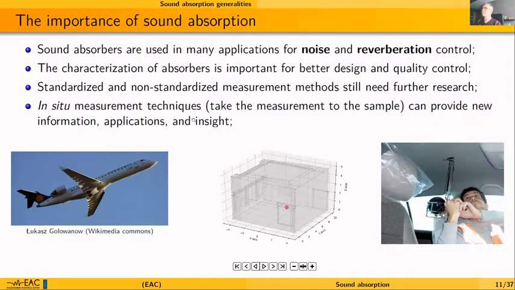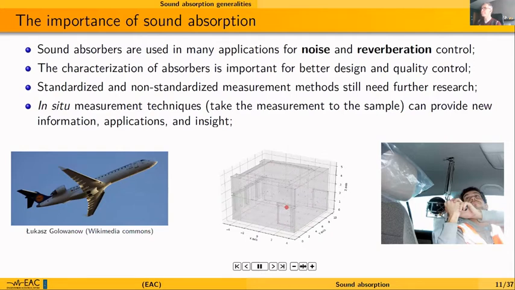And so sound absorbers are used in many applications for noise and reverberation control, and the characterization of absorbers is important for better design and quality control of our applications and machines, and also rooms, as Ritka was saying in his previous talk and questions.